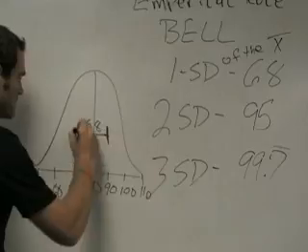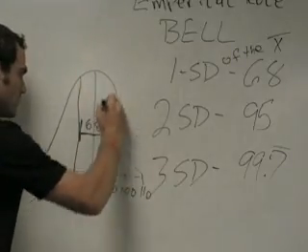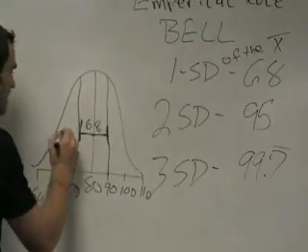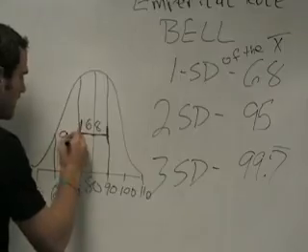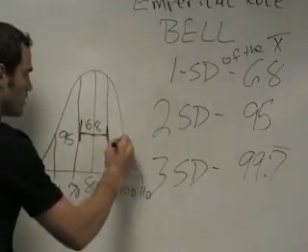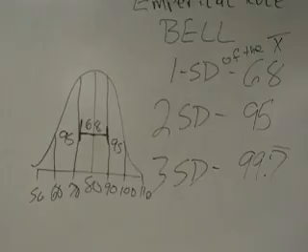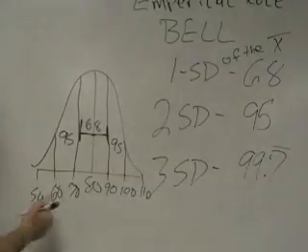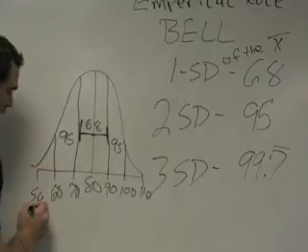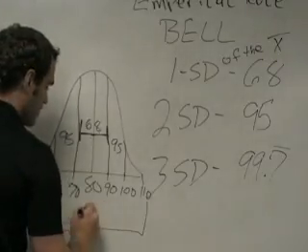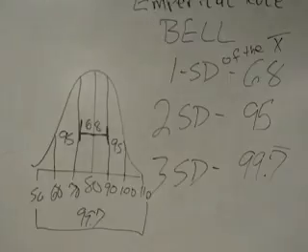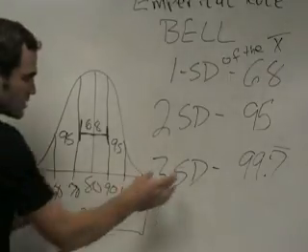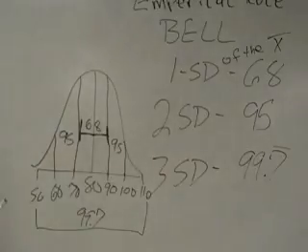Okay? And let's just extend these bars all the way up. Now, within 2 standard deviations lies 95% of the data. And if you get all the way from 110 to 50, we should expect 99.7% of the data. 99.7% of our observations should fall within 3 standard deviations of the mean.